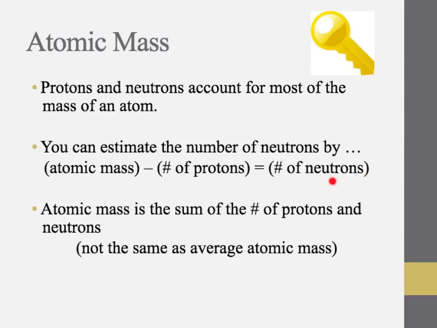So to figure out the number of neutrons, you take the atomic mass and you take away the protons from it. We can switch that around using some simple math: the atomic mass is equal to how many protons you have plus how many neutrons you have. We're going to see later on that the average atomic mass is going to be a little bit different, and we'll talk about why that's the case.